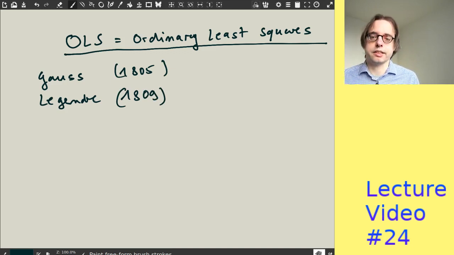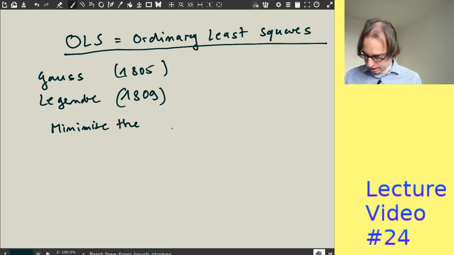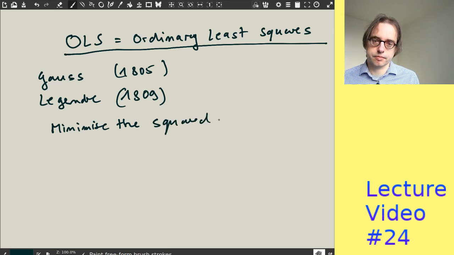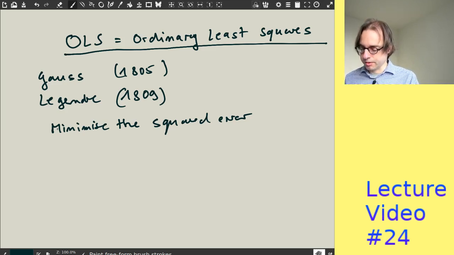And the idea is we minimize the squared error, and by minimizing the squared error we get values for the parameters. So we have an optimization problem, and for the regression it looks like this.